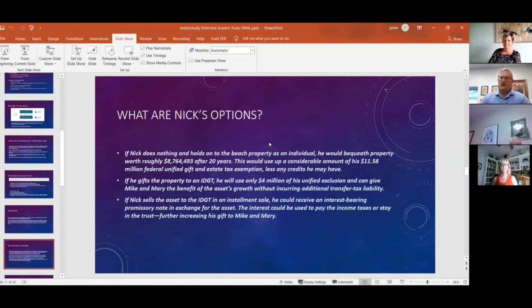So the rental income that is coming off of that property can be used to repay that note, provide cash flow back to Nick for his lifestyle while keeping all of the appreciation out of his estate and going to his two kids without estate tax.